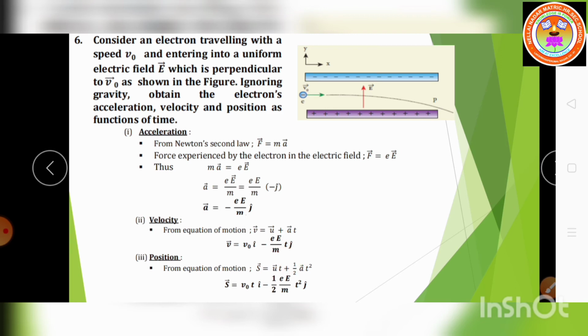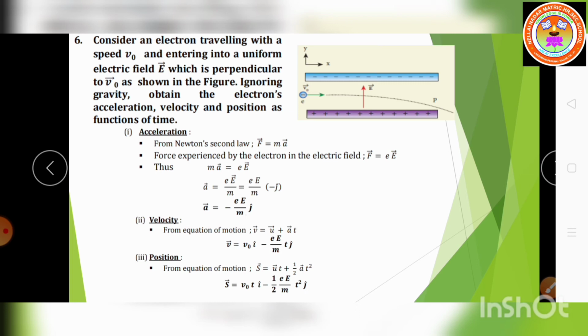Now come to position. From the equation of motion, we can write s equals ut plus half a t square. In vector form, s vector is equal to u vector into t plus half a vector into t square.